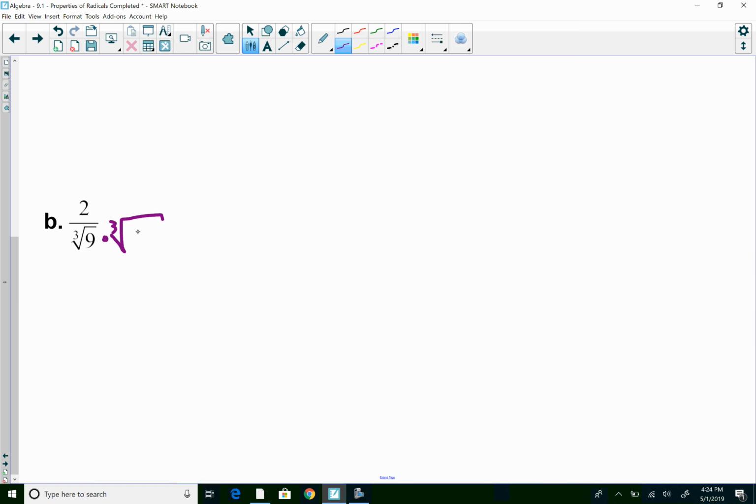We have to multiply, and we have to make sure that we have this same factor, the index number of times. Since there is an index of 3, we have to have 3 of these cube root 9s.